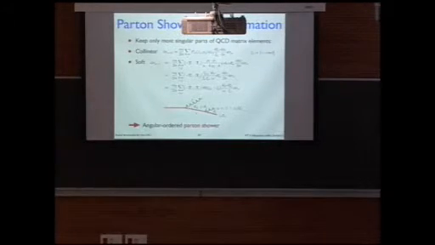Then there is a function called a splitting function, which tells you the energy fraction and the azimuthal distribution of the splitting. And then you have a singularity which you see is divergent as the angle of emission goes to zero. That is the collinear divergence. So this d psi over psi is the enhancement that you want to sum to all orders.